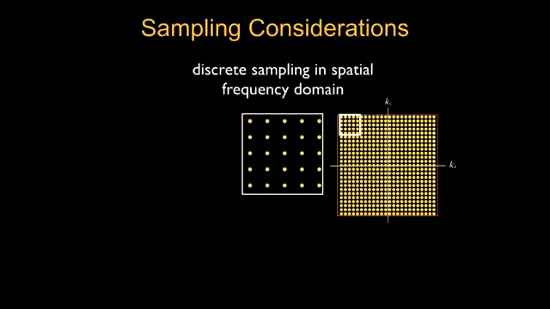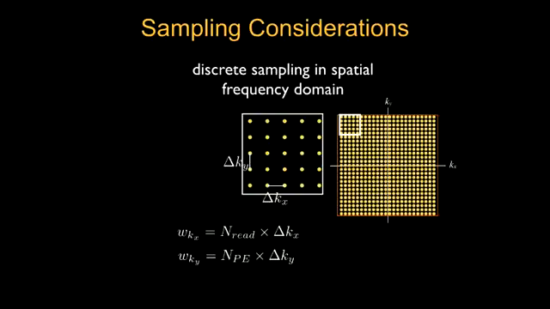Okay, so the discrete sampling in a spatial frequency domain, there will be two things that you have to know: the distance between these samples, either delta ky or delta kx, and how many samples you have. That's going to be the window, Wx and Wy, or Wkx or Wky.